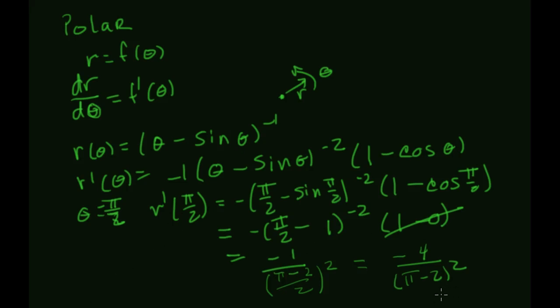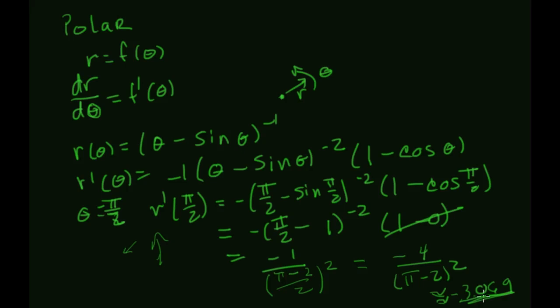A little quick work with a calculator gives me that that's approximately -3.069, which means that at that moment at pi over 2, so like up at the top when we're pointing upward, every time that we go 1 radian in a counterclockwise direction, the radius is getting smaller.